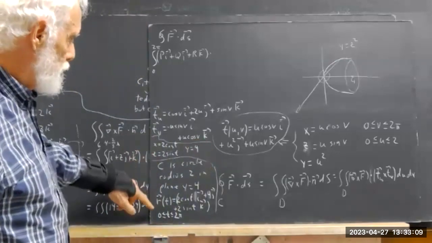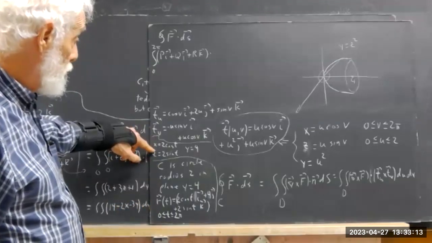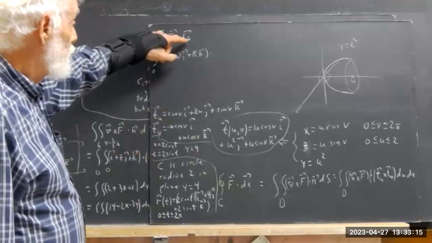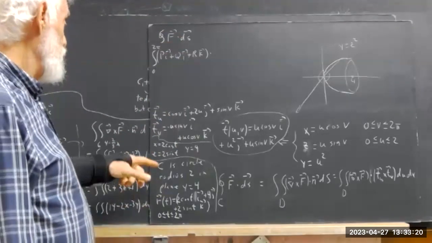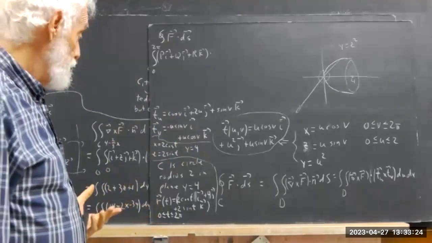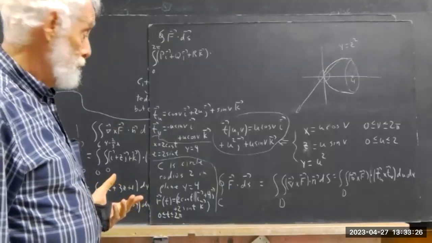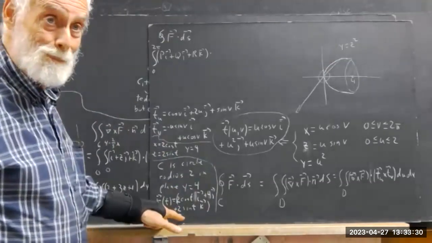Okay, this is the same as saying, right? So here's our parameterization in terms of t of our half. Our ds is then dx i plus dy j plus dz k, or just the derivative of that.